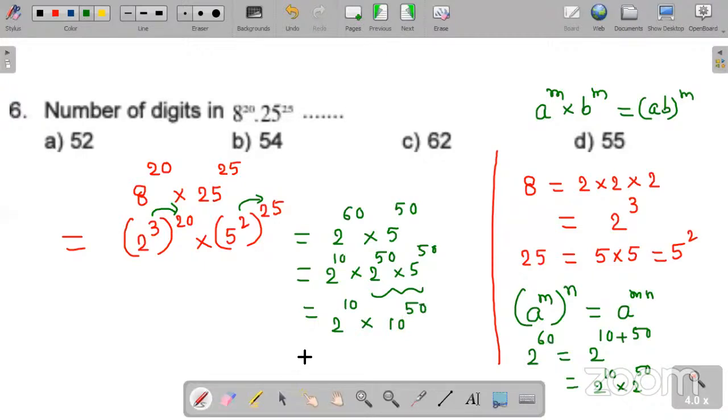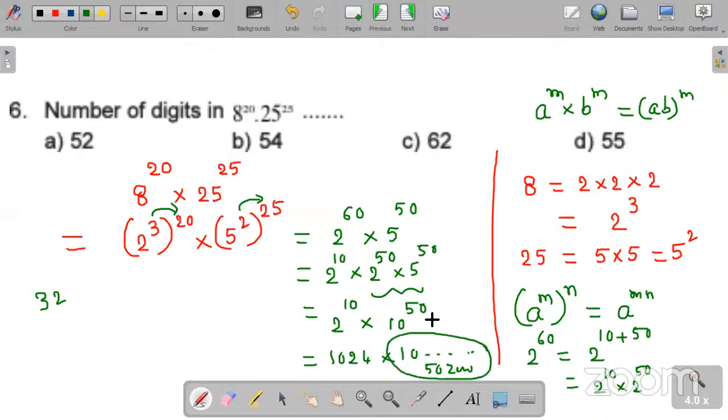So 10 to the power of 50, and 2 to the power of 10 we need to find out. 2 to the power of 5 is 32, and 32 into 32 is 1024. Into 10 to the power of 50 means you get 1024 followed by 50 zeros.